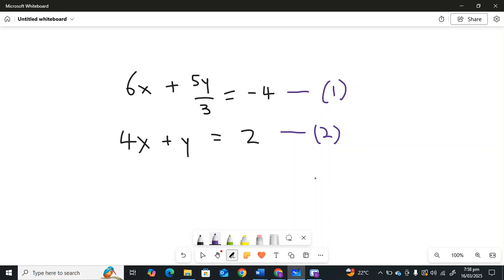You look at both equations and see, is there any equation where I can make x or y the subject of the formula? If you look at equation 2 here, we can easily make y the subject of the formula.